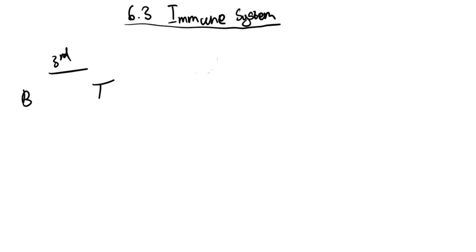And B lymphocytes are ones that actually produce antibodies. Antibodies, these are called plasma cells. And we also have memory B cells. And T cells, T lymphocytes, there are various classes. There's helper T cells, which activate B cells, and killer T cells, which kill off cells that are infected by a pathogen.